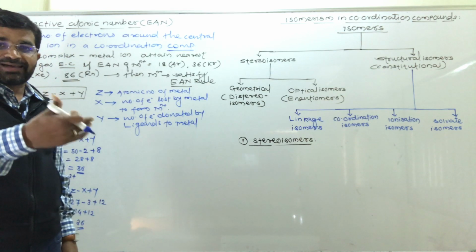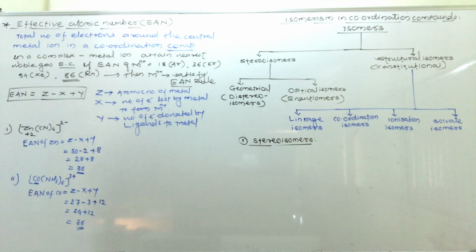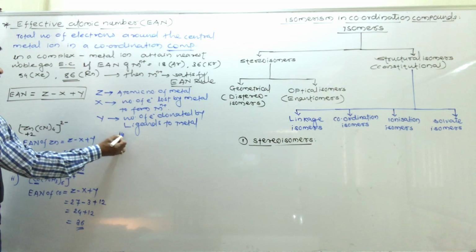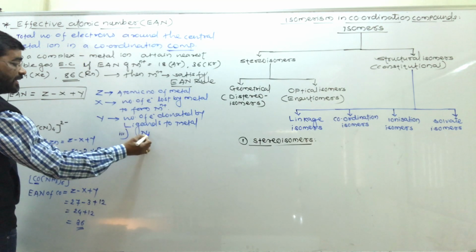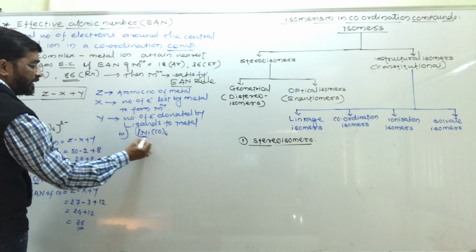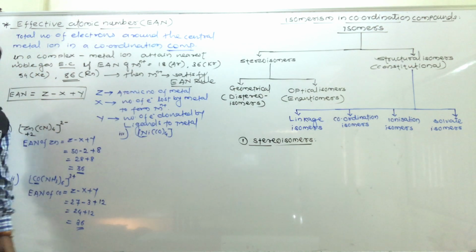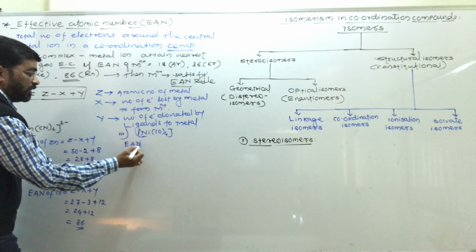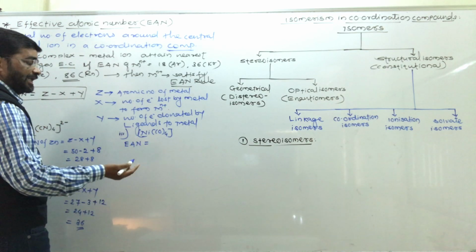See another example here we have to take, that is the Ni(CO)4, and we have to find out the effective atomic number of nickel.